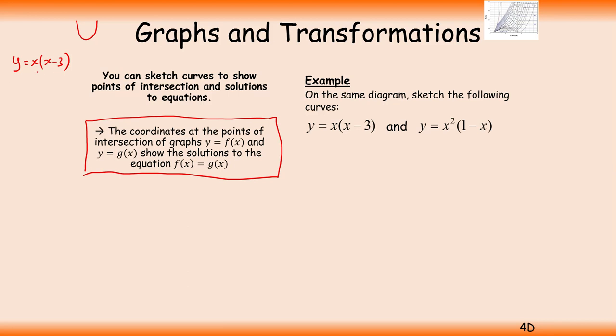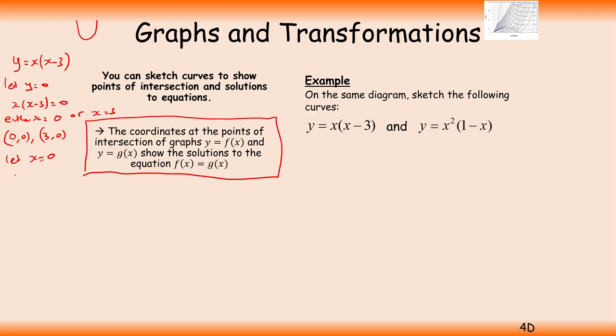Secondly, I can get a few coordinates from here. If I let y equal 0, that means x times (x minus 3) is equal to 0, which means either x is equal to 0, or x minus 3 equals 0, so x is equal to 3. So now I've got two coordinates, (0, 0) and (3, 0). I can also let x equal 0, although I don't really need to.